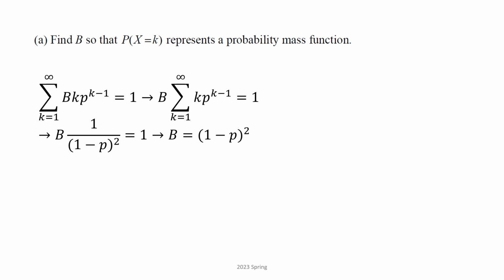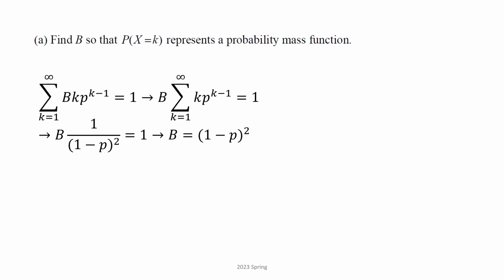So the probability of X equals k can represent a probability mass function. We know if this is a probability mass function, then the infinite sum of probability will equal 1. And we have b times the sum of k equals 1 to infinity of k times p to the power of k minus 1 equals 1.